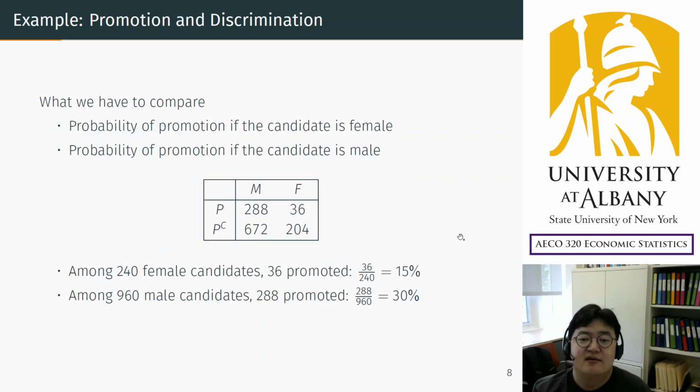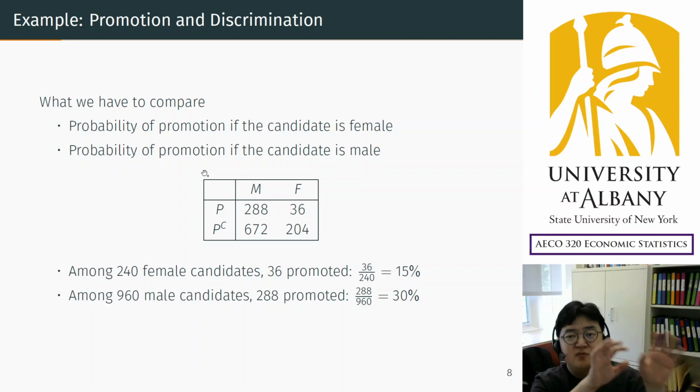So we have to think about different types of probability. What we have to compare is not just male promoted candidates versus female promoted candidates, because that's not a fair comparison, as the pool size is different.